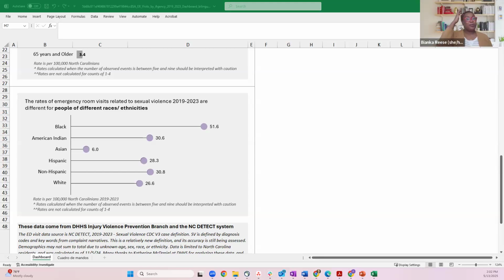Thank you. And I really appreciate y'all providing that context. So data, or information, right, is information that helps tell you something about your programming, about your services, and your outreach. And it's great to combine multiple sources to get a complete, big picture look at what your service area looks like.